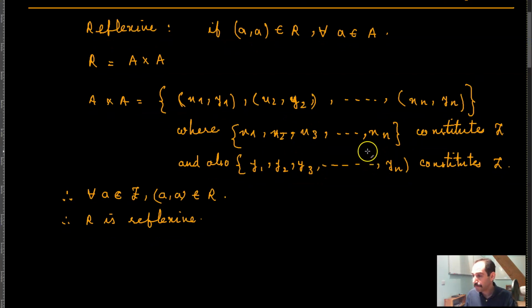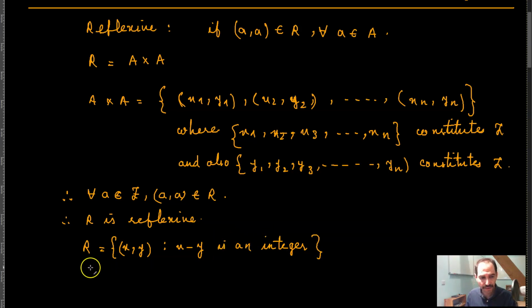Since R is equal to all the ordered pairs x comma y such that x minus y is an integer, then for every x belonging to the set Z, x comma x does belong to R, as x minus x is equal to 0, which is an integer.